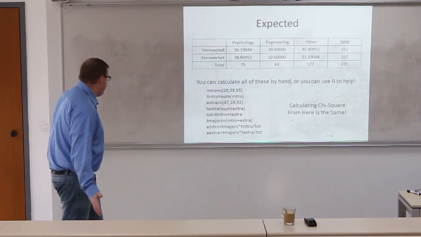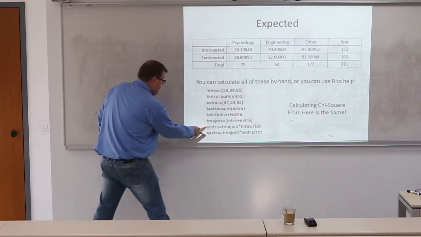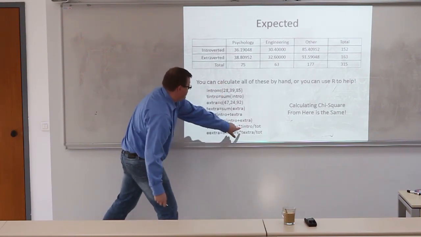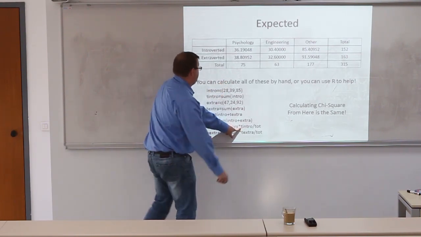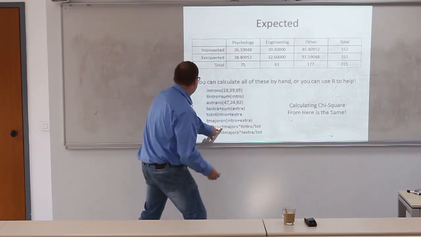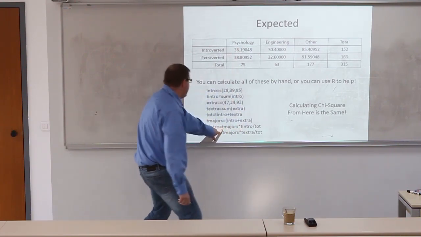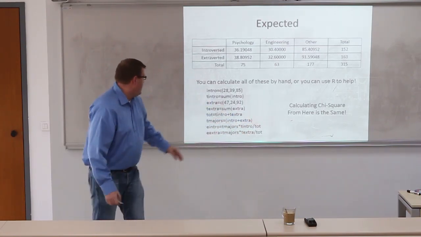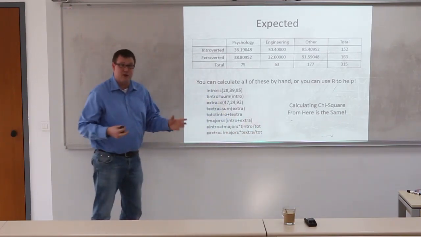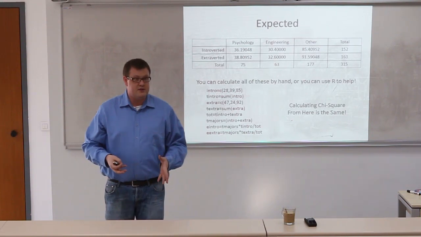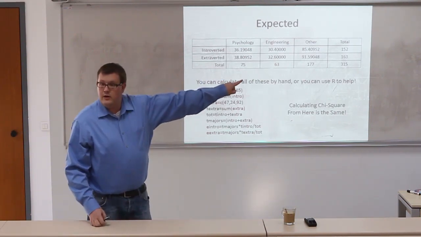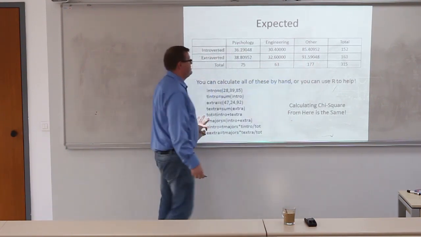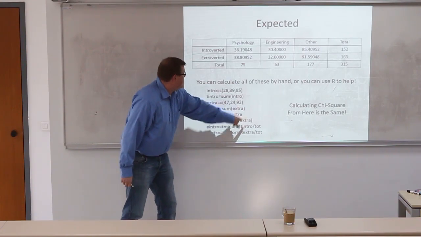To compute the expected, I multiplied the total majors by the total for intro divided by the total. That's the percent that are introverted. And now I'm multiplying each one of these total majors by this percentage to come up with the expected.